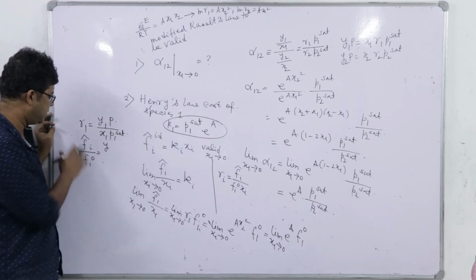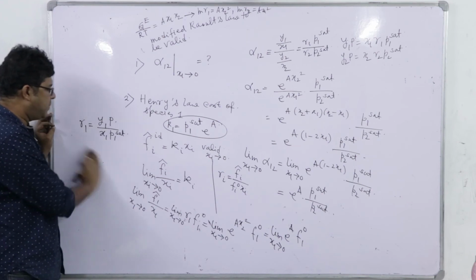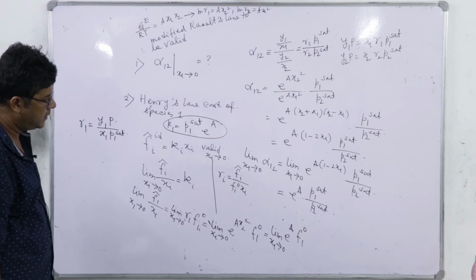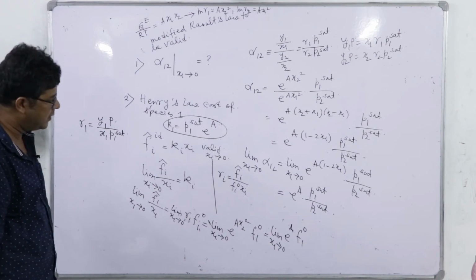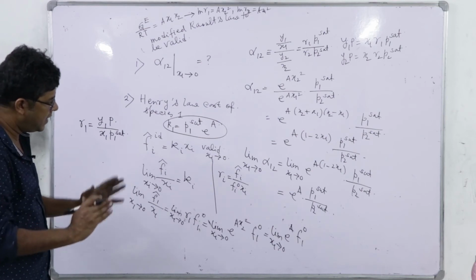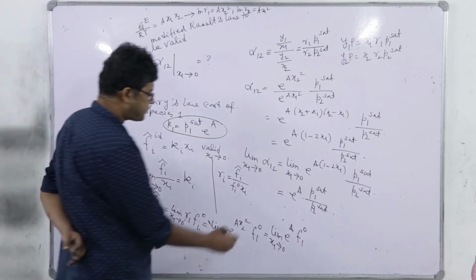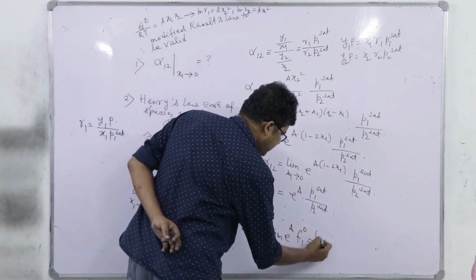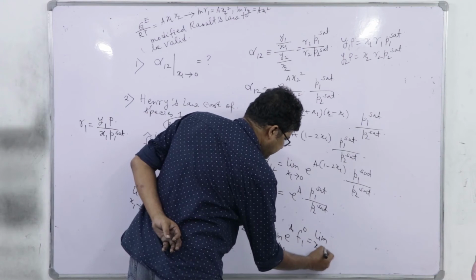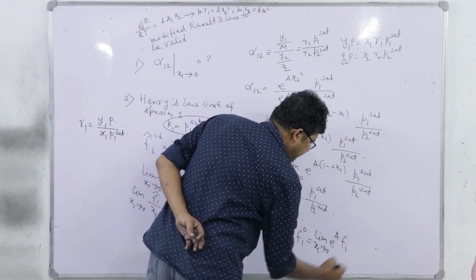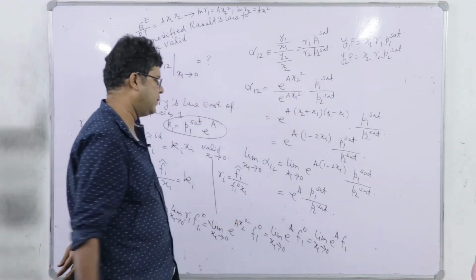So the point is how to replace this f1 naught, the standard state fugacity of component 1. If I consider a simple solution, it is simply fi, and limit x1 tending to 0 e to the power a into f1, that is the pure species fugacity.